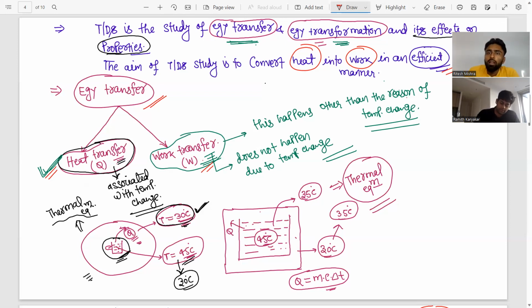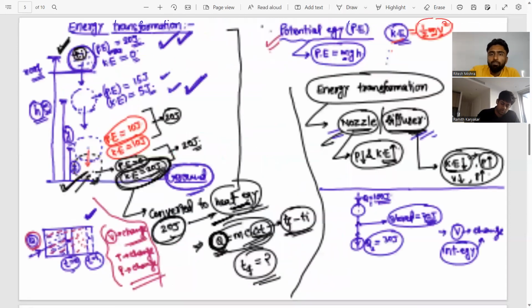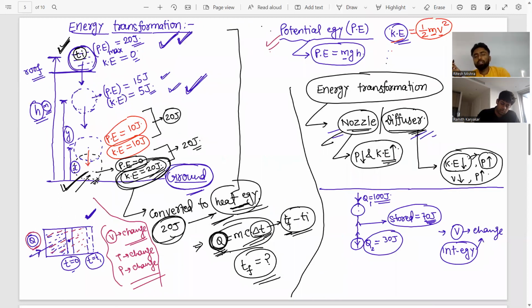And after that I have told you about energy transformation and energy transfer separately. I hope all the concepts are clear to you.